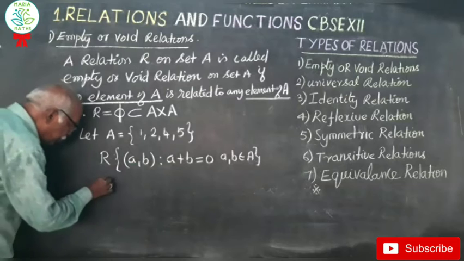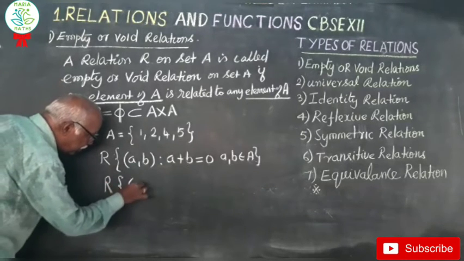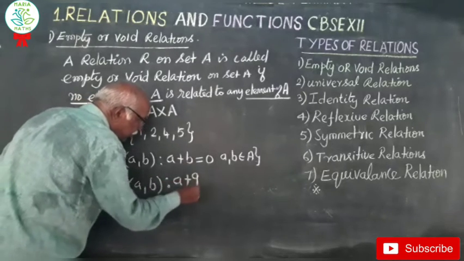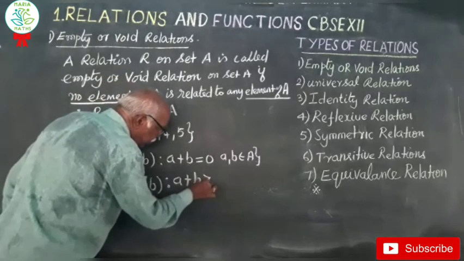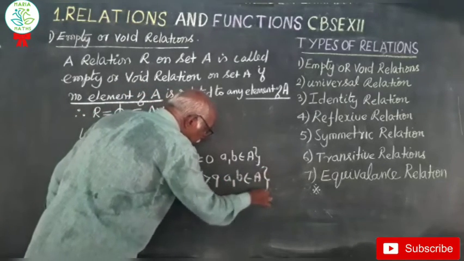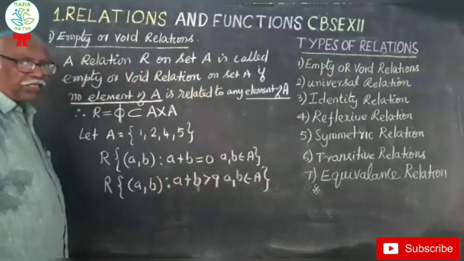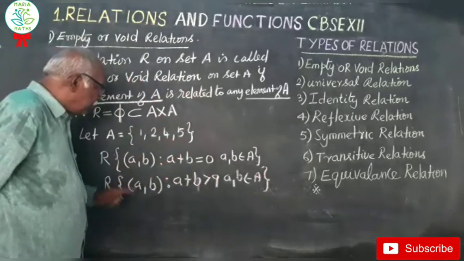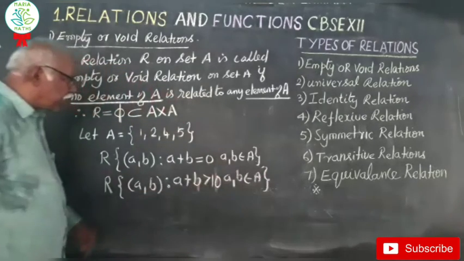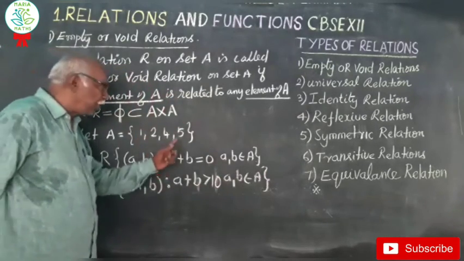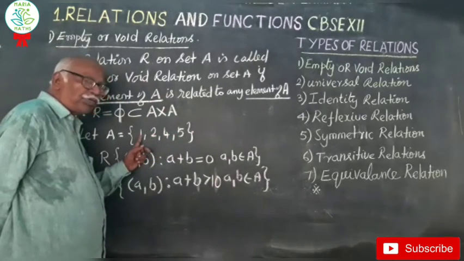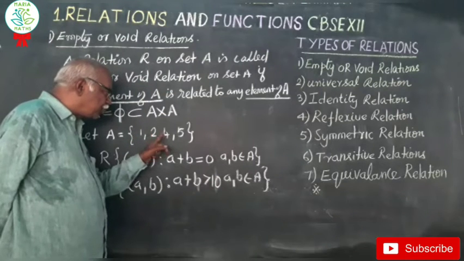Another example, same set A. (a, b) such that a plus b greater than 10, where a, b belongs to A. Here the maximum sum is 5 plus 5, 10, 4 plus 4, 8, 1 plus 1, 2, then 1 plus 2, 3, 2 plus 4, 6, 4 plus 5, 9.